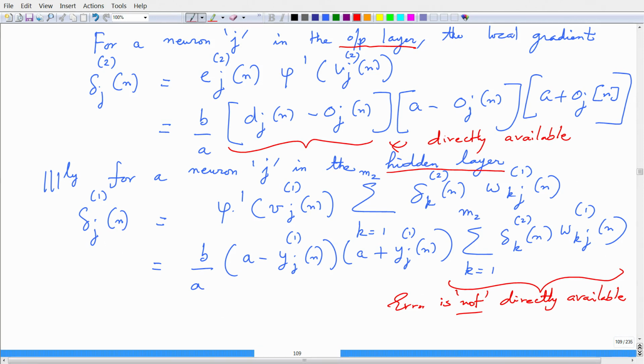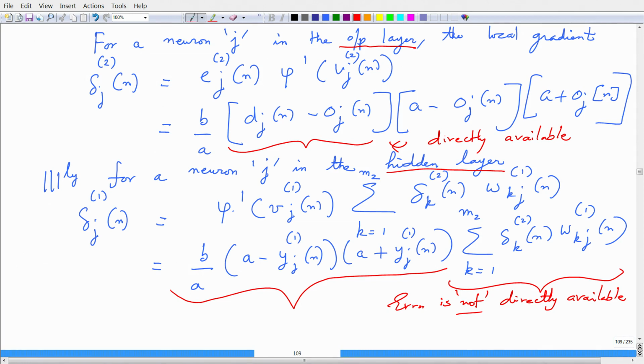Okay, now it is again straightforward for the hidden layer node. Since you have done the logistic, we can extend this straightforwardly for the tan hyperbolic, except that you replace the derivative of the activation function evaluated at the local reception field using the formula b upon a times a minus yj times a plus yj. That is all, it is pretty straightforward.